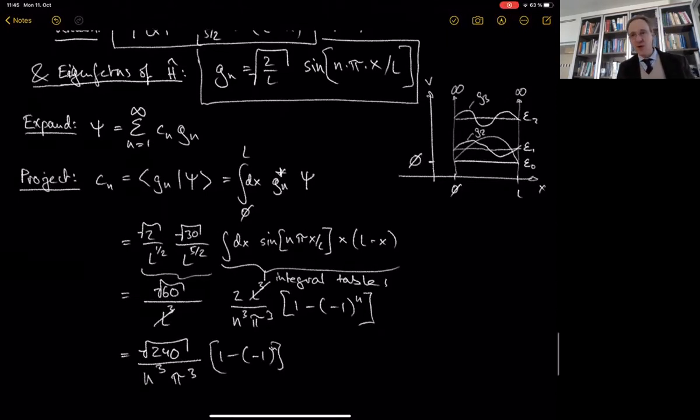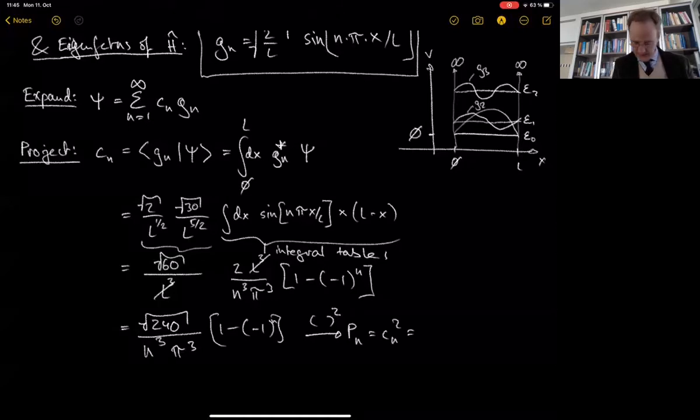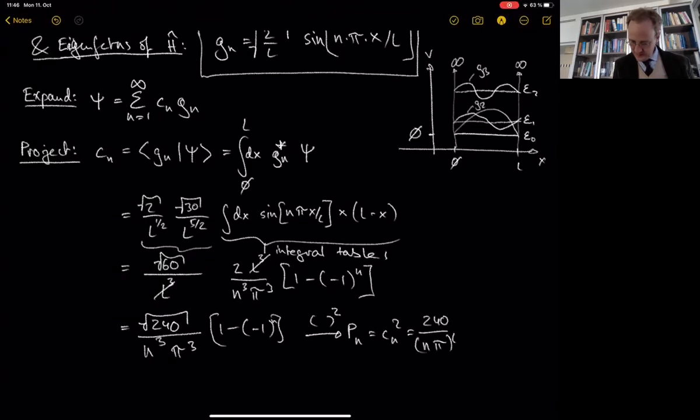So this is your coefficient Cn, and then the probability, of course, we square the whole thing, we get the probability of n as Cn squared equals 240 over n to the 6 pi to the 6, 1 minus (-1) to the n, to the power of 2.